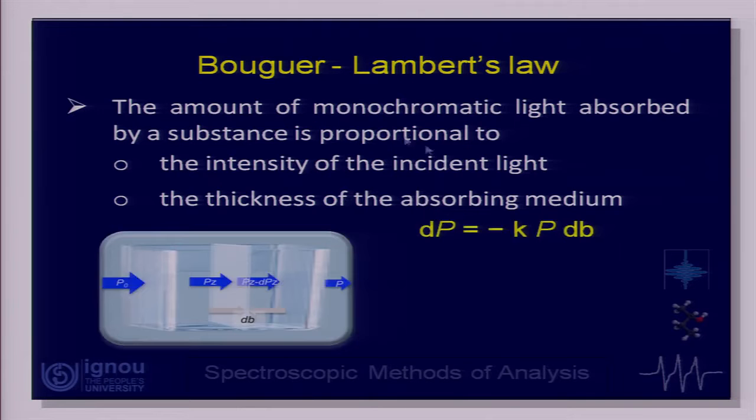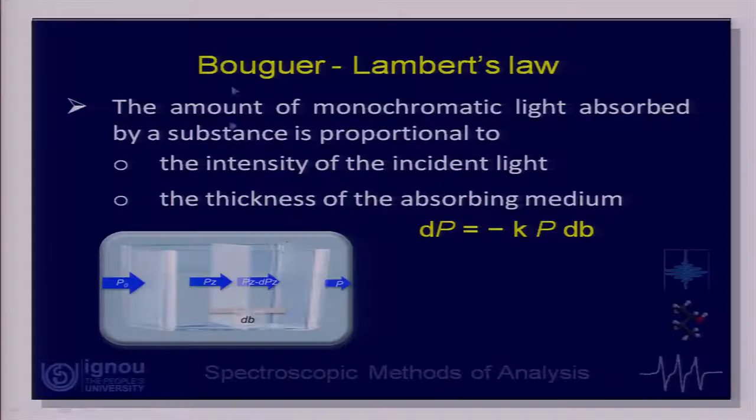And let us look at this here. This picture basically shows the cuvette, the container I was talking about earlier; I have taken a blown up portion of that. In that, what you see is a highly stretched out version of that. What you find is that this is P naught, the intensity which is falling, the incident intensity, onto the container there.